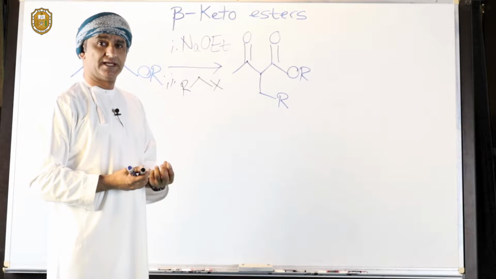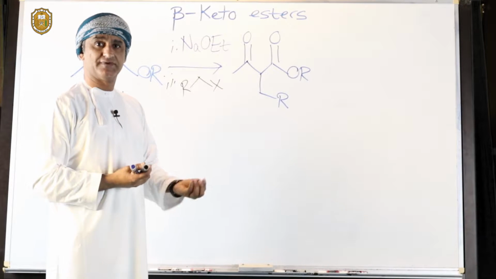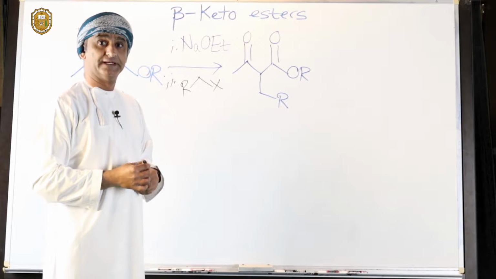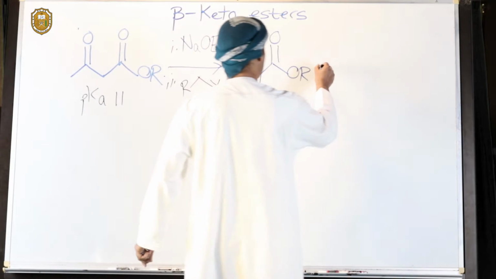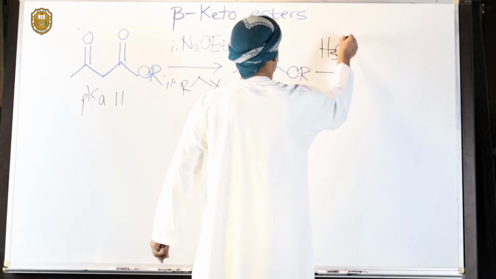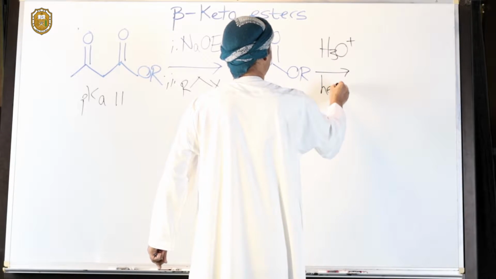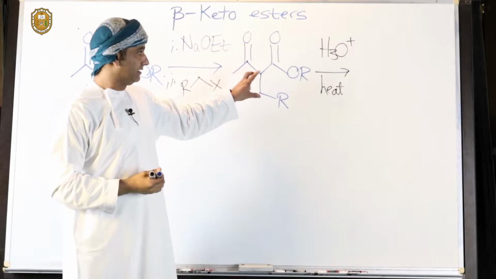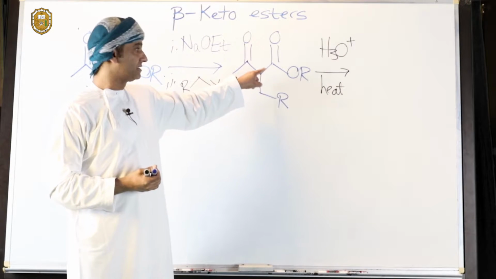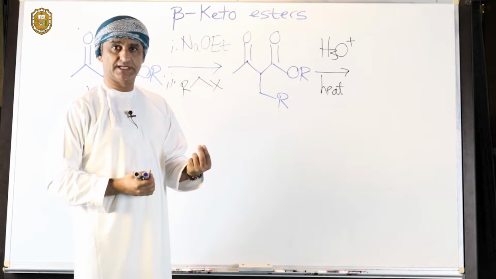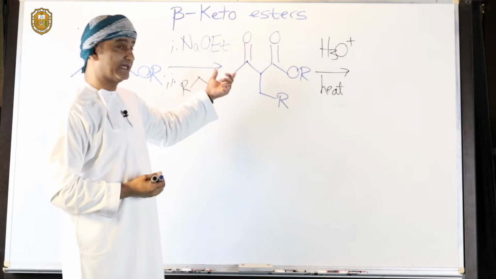Of course, the ester in the presence of an acid and heat should undergo hydrolysis. So if this product is treated with H3O plus and heat, the acid should affect hydrolysis of the ester, so the corresponding carboxylic acid should be obtained along with the ketone.